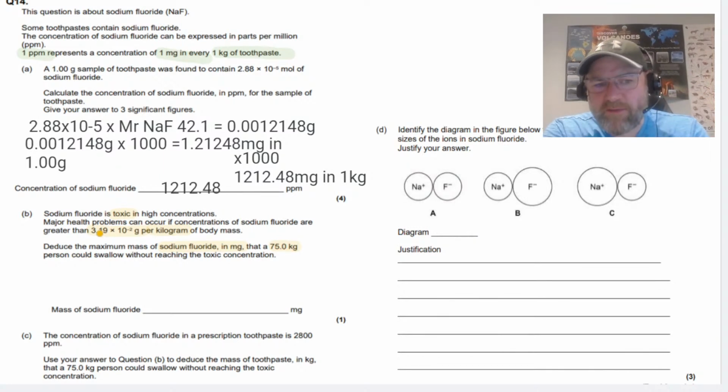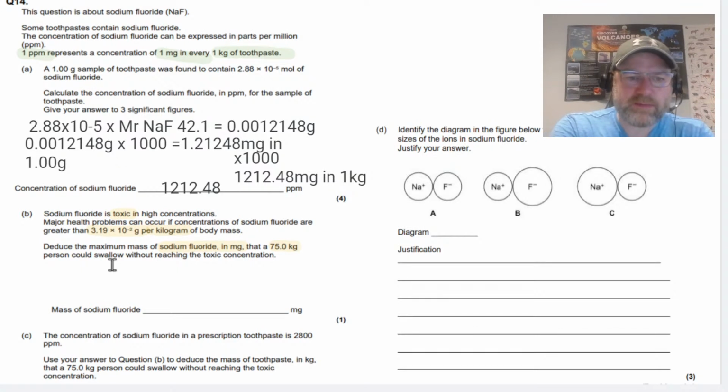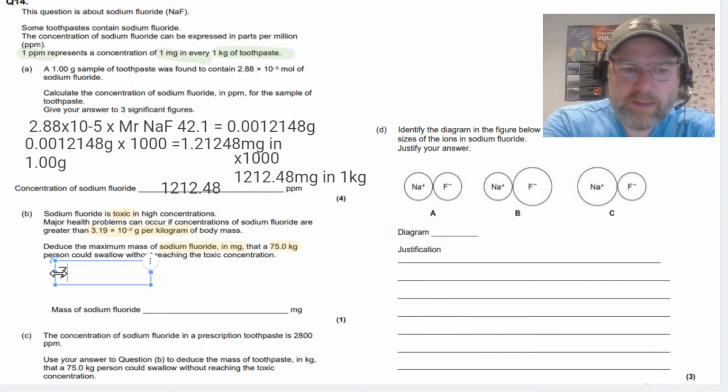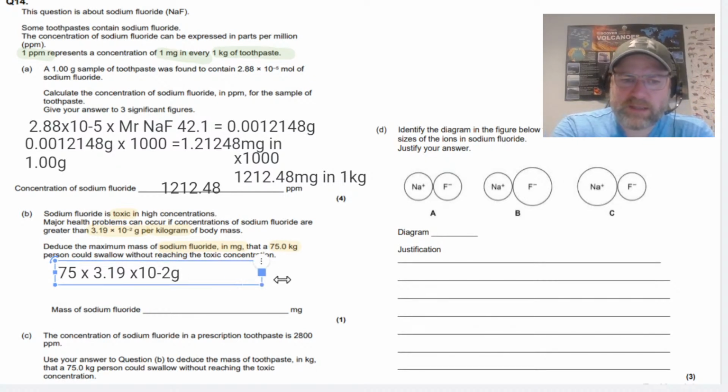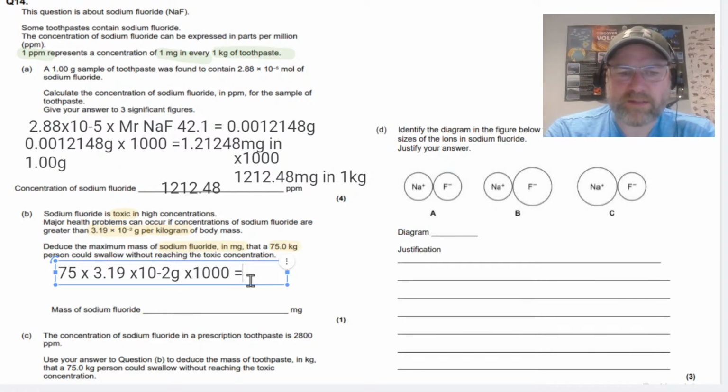They could swallow 75 times that, but then we need to turn it into micrograms. It doesn't really matter the order we do this, but they're 75 kilos. We're going to times it by 3.19 times 10 to the minus 2 grams. This is how much grams they can swallow, and then we're going to turn it into micrograms as well. So we need to times by 1,000 again.